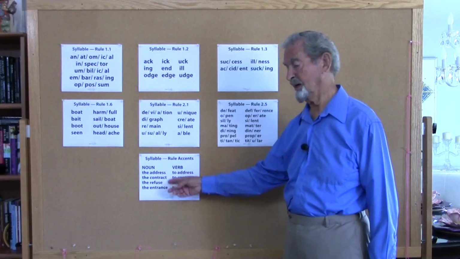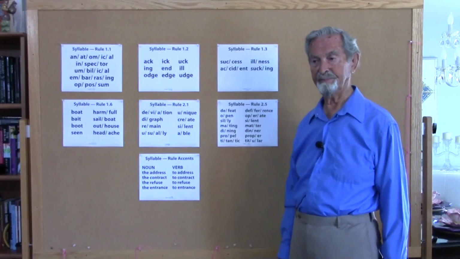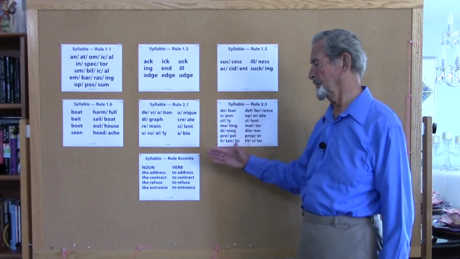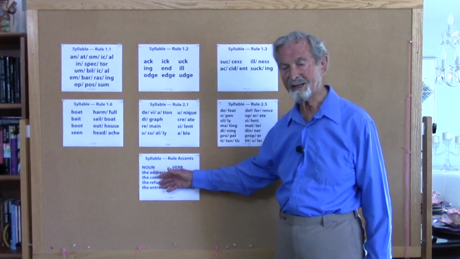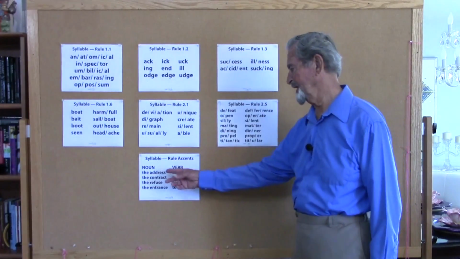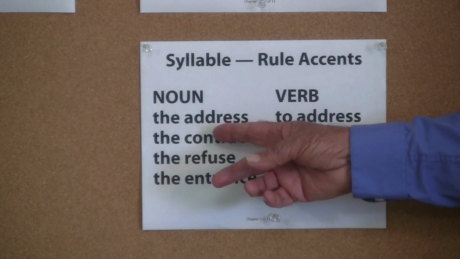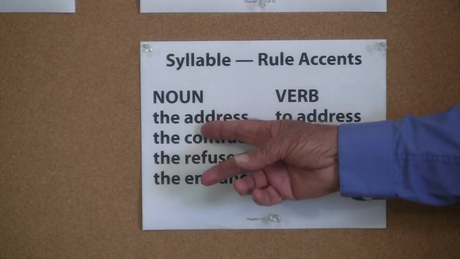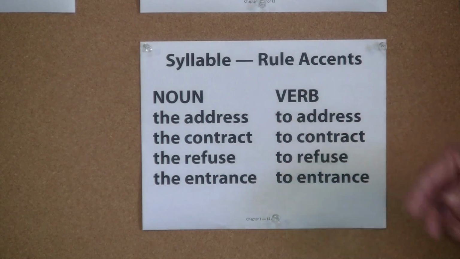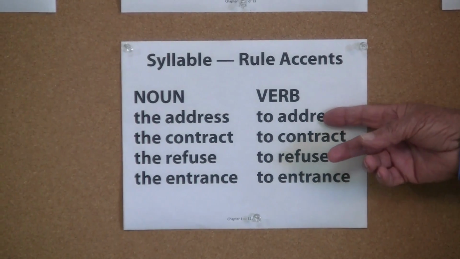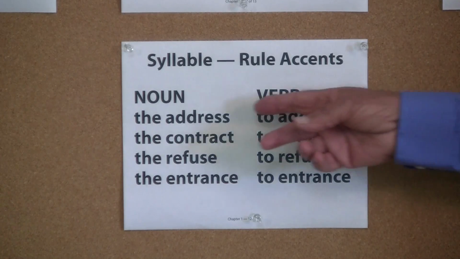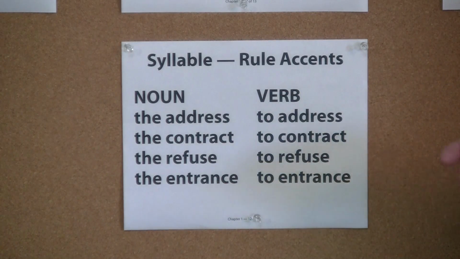These words are spelled the same, look the same, but if you move the accent on the word, you get a completely different word. Let's take the noun, the address. This is the address. If you turn it into a verb, to address. He will address the meeting. Same word, different sound.